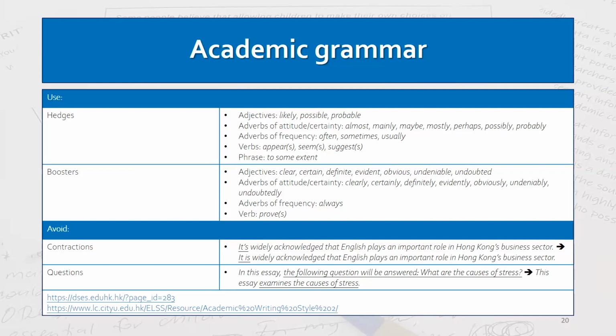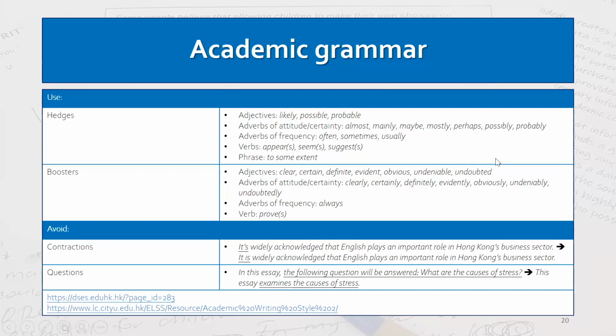So it should be showing some features of academic writing, right? I think you've learned features of academic grammar and vocabulary in your language enhancement courses here, right? Like the use of hedges, boosters, the avoidance of contractions, or avoidance of questions.